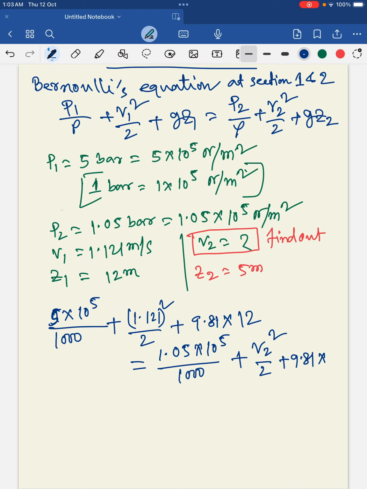Now if you do the calculation, V2 square will be something like 928.